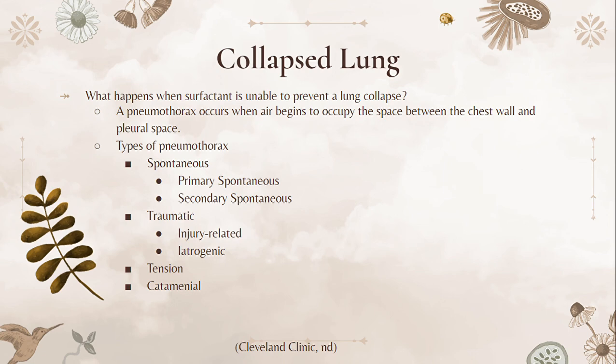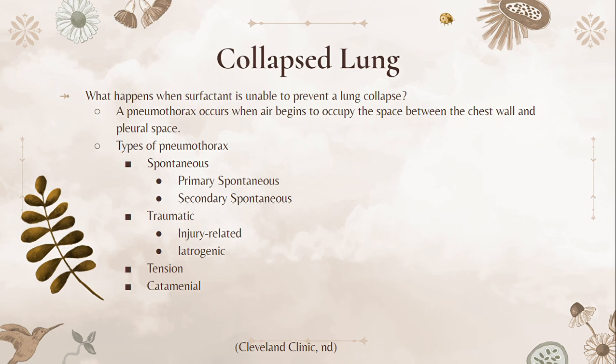Endometriosis is a condition in which the woman's endometrium is no longer contained to her uterus where it should be. In fact, endometrium is growing outside of the uterus throughout all of the organs. And what can happen in a catamenial pneumothorax is that this tissue that should be contained within the uterus actually spreads throughout the body, and can cause bleeding in the chest wall and into the pleural space.